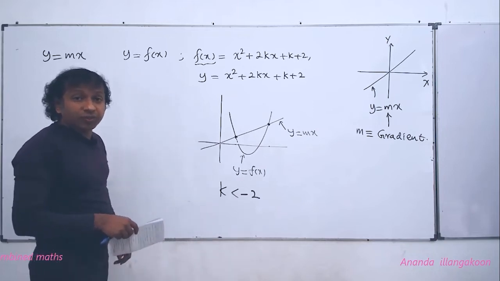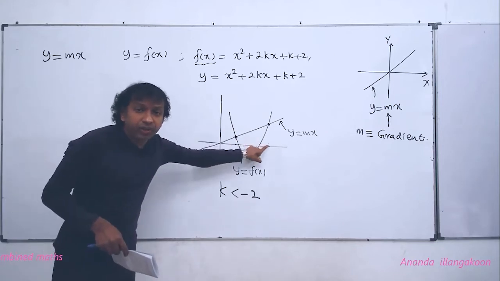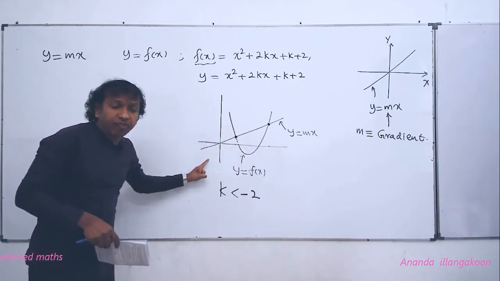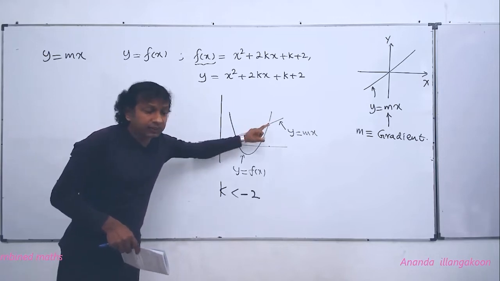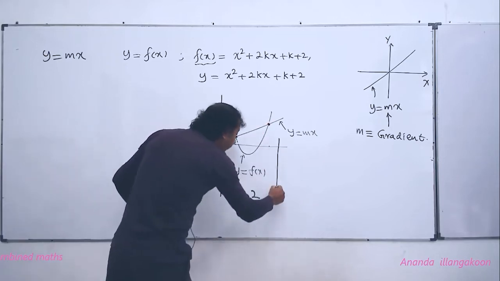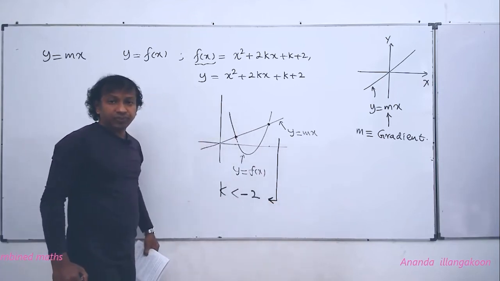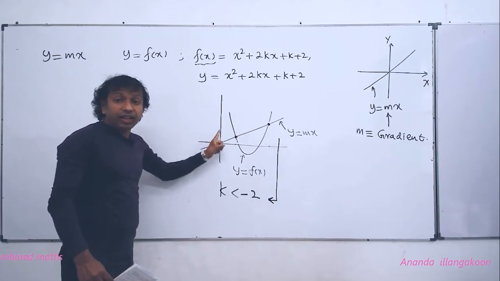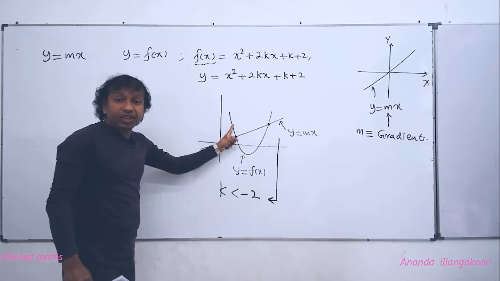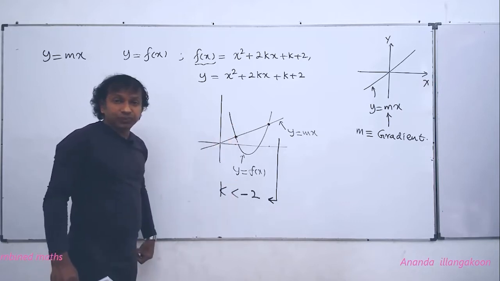That means, by taking the graph y equals f(x) and the line y equals mx intersecting at 2 points like this, we have to prove k less than -2. That is the if part. That means if this line and the graph intersect at 2 distinct points, k less than -2. This is the if part.